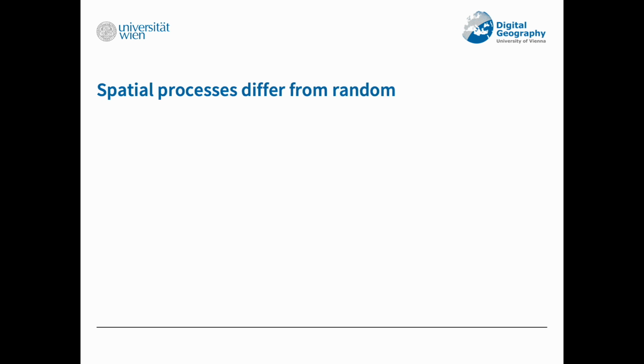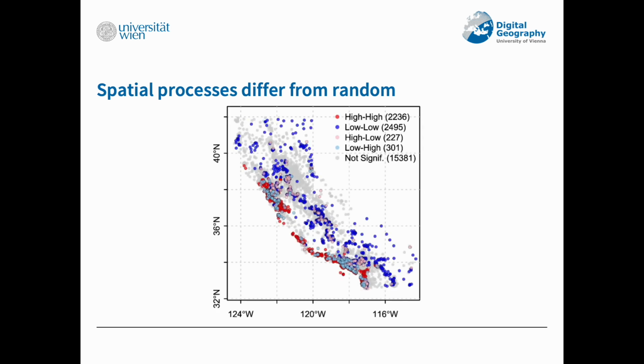So space is very often a lurking variable in geodata, and that is because many spatial processes differ from random. They exhibit properties that we call spatial heterogeneity and spatial autocorrelation. This map in California state shows the sample locations that were used in a regression task. The 5 colors that we see here represent the spatial groupings of the residuals of the regression.